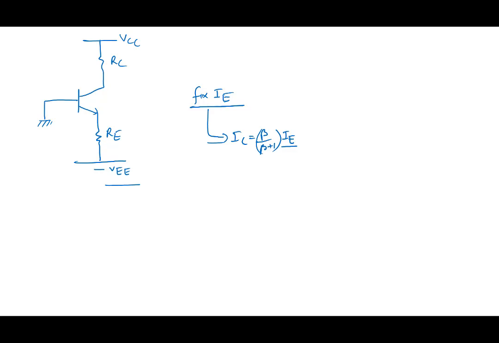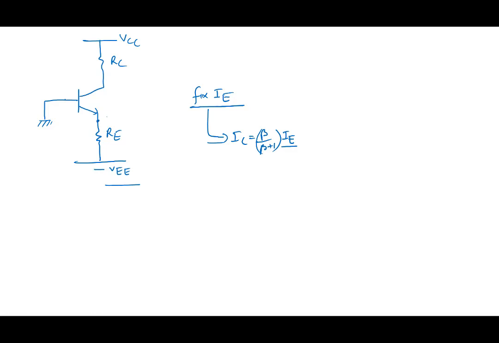One way of fixing IE was, this is 0, this is minus 0.7. That's how we're fixing it: this voltage is minus 0.7, this is minus VEE, and you fix IE. That's one way of doing it, but there are other ways also. So what is required to fix IE?